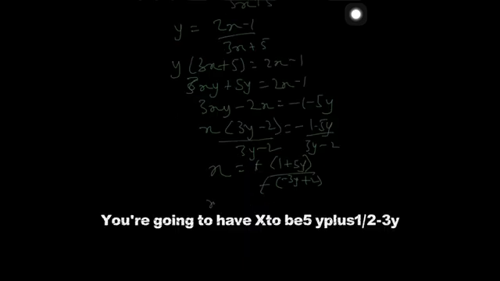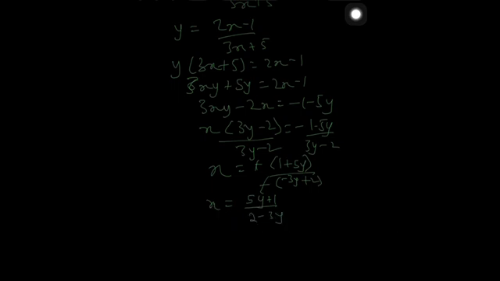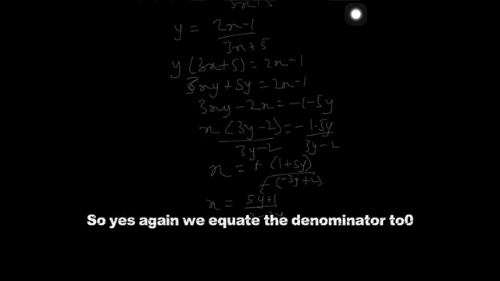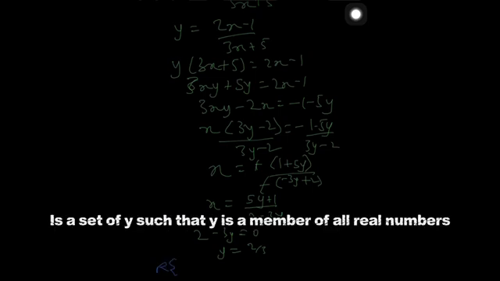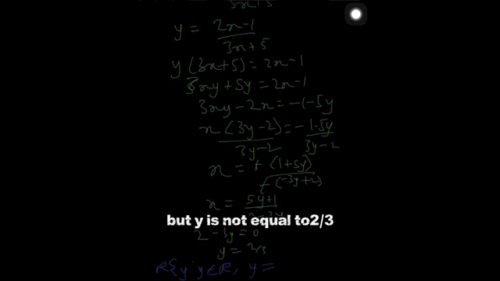We're going to have x to be 5y plus 1 divided by 2 minus 3y. Again we equate the denominator to 0, so 2 minus 3y equals 0. We get y to be 2 over 3. So the range is the set of y such that y is a member of all real numbers, but y is not equal to 2/3.